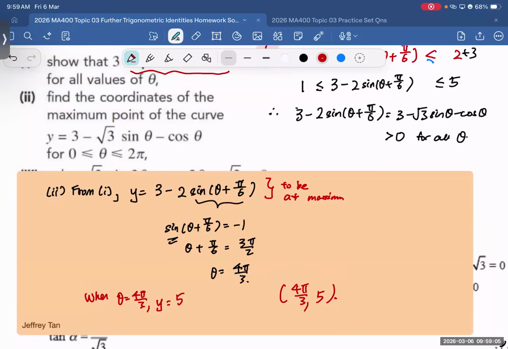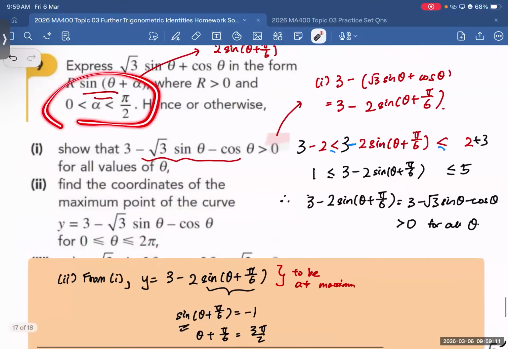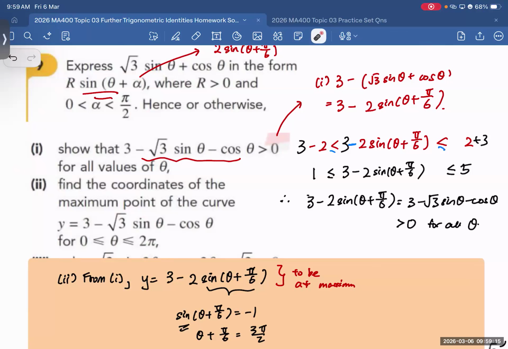The question is in radian. You have to use radian. No degree. If you use degree, that's the wrong answer, and they will mark you wrong.